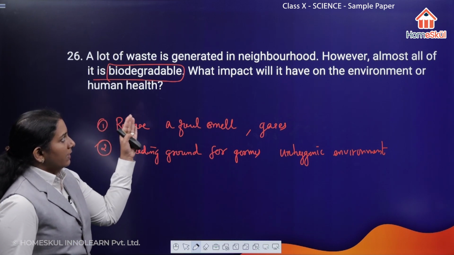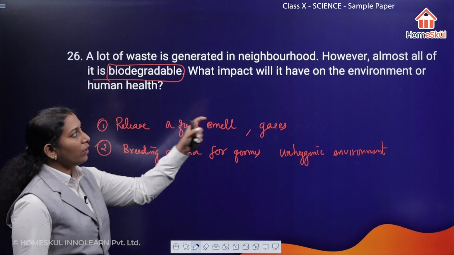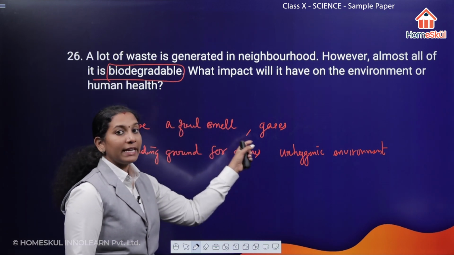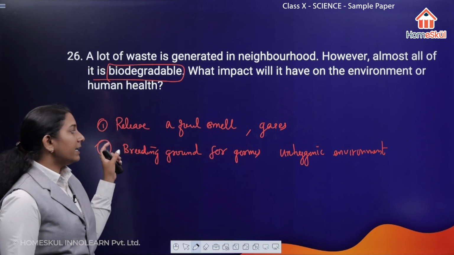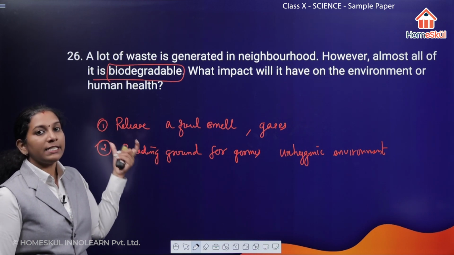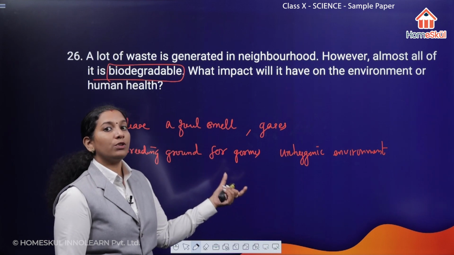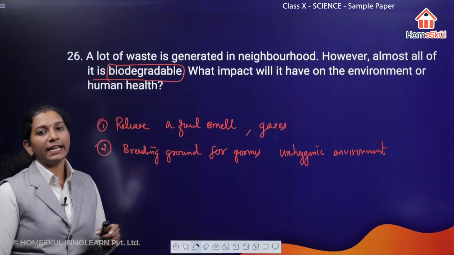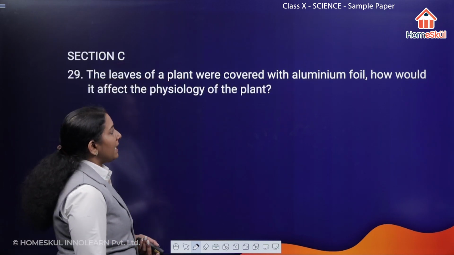What impact do biodegradable waste materials have on the environment or human health? They produce a foul smell, and gases that are not useful for us get eliminated. And the area in which biodegradable materials are accumulating more and more will become a breeding ground for different types of germs, creating an unhygienic or unhealthy surrounding. So, these are the main impacts.